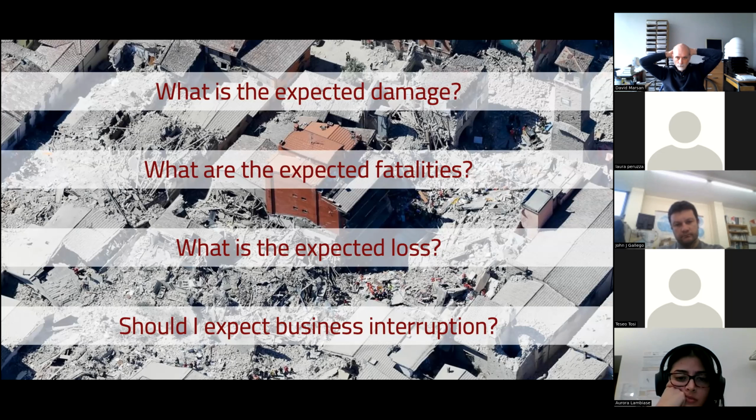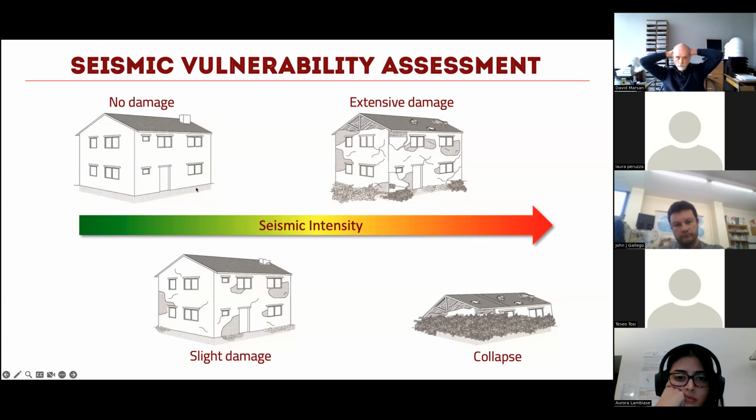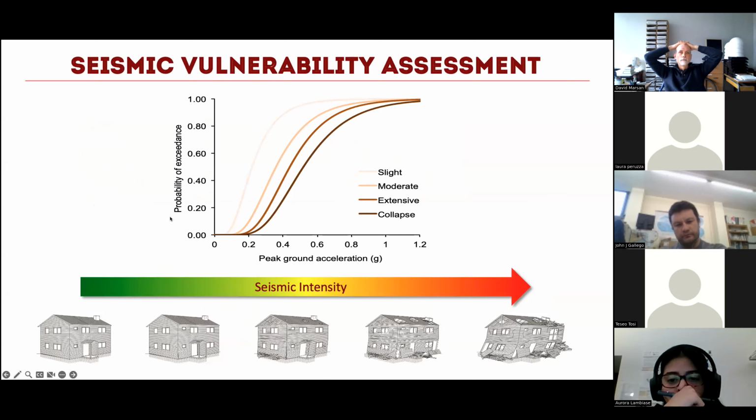One gives you IMs, the other one gives you loss ratios or probability of damage. So what we're trying to understand is, initially I have a building with no damage because my seismic intensity is very low. Then we have slight damage, extensive damage, and finally collapse. So if I convert this into a function, into a fragility function, this is more or less what I have.